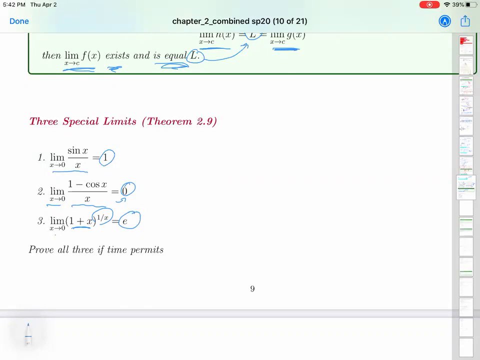So these are the three special limits I hope you keep in mind when you have to evaluate other functions that somehow involve one of these functions. And you can use a special limit to evaluate other functions.